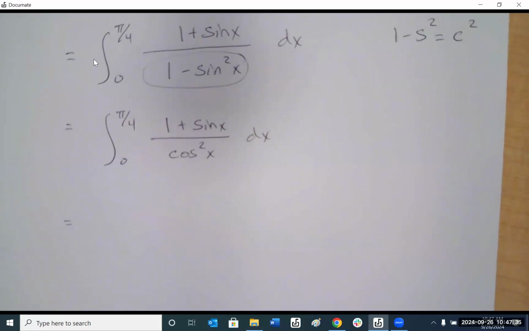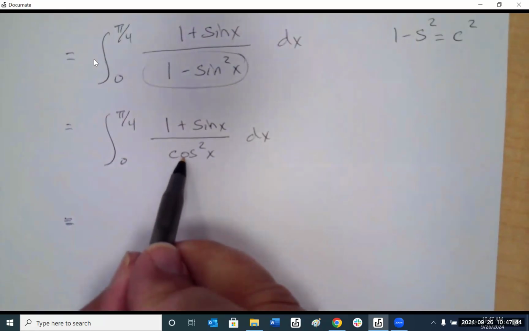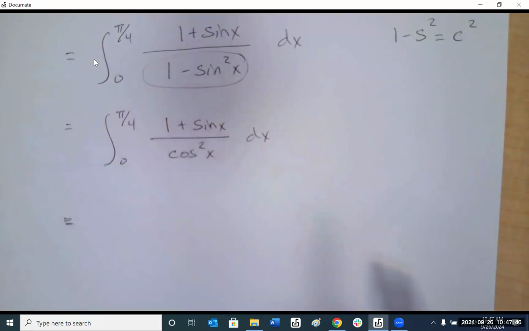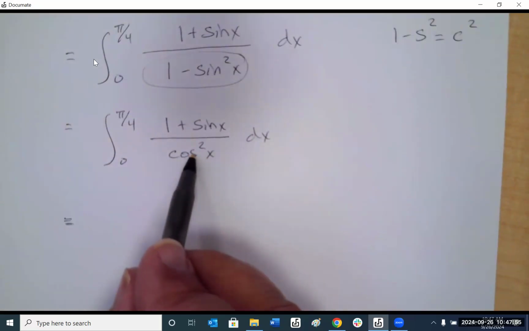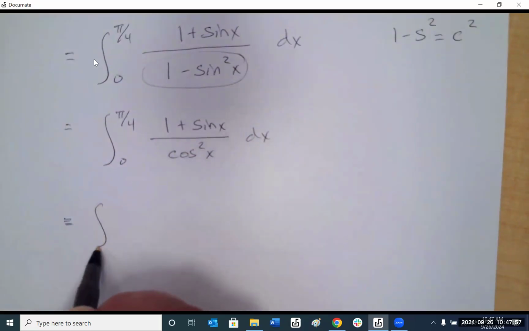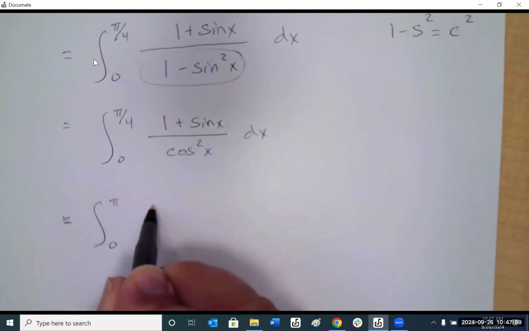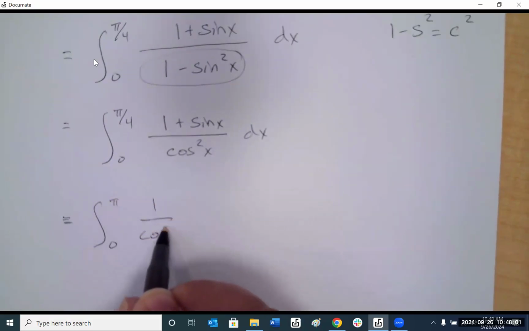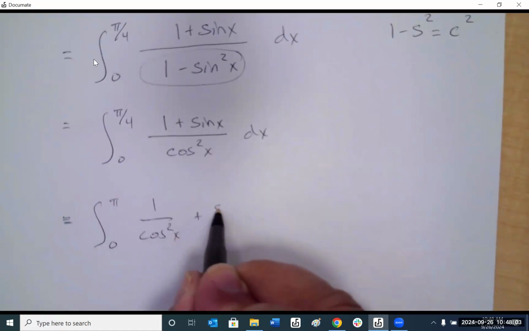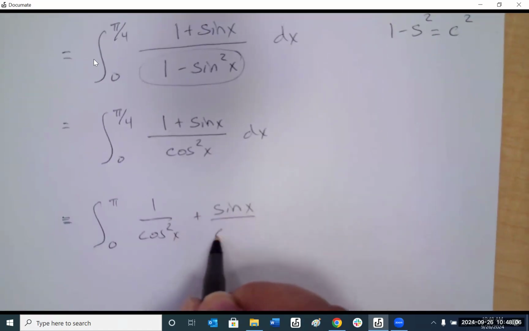What do you think the next thing to do is? The derivative of cosine squared is not 1 plus sine, so we can't do that. We have a monomial on the bottom, so we can make it a lot easier for us if we split them up.